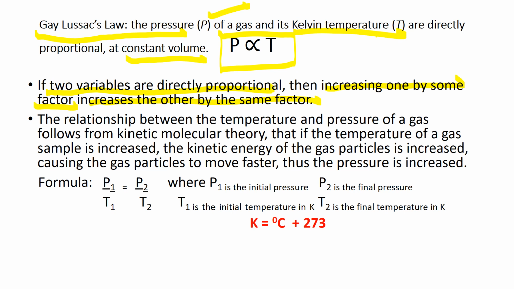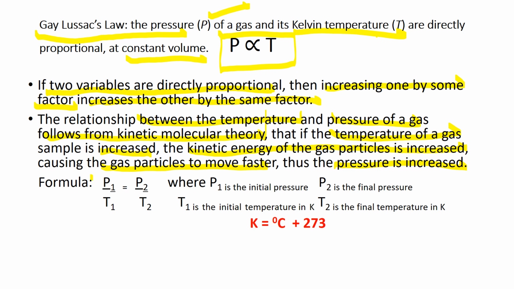The relationship between the temperature and pressure of a gas follows from kinetic molecular theory: if the temperature of a gas is increased, the kinetic energy of the gas particles is increased, causing the gas particles to move faster, thus the pressure is increased. So we say, as the temperature increases, the pressure likewise increases.